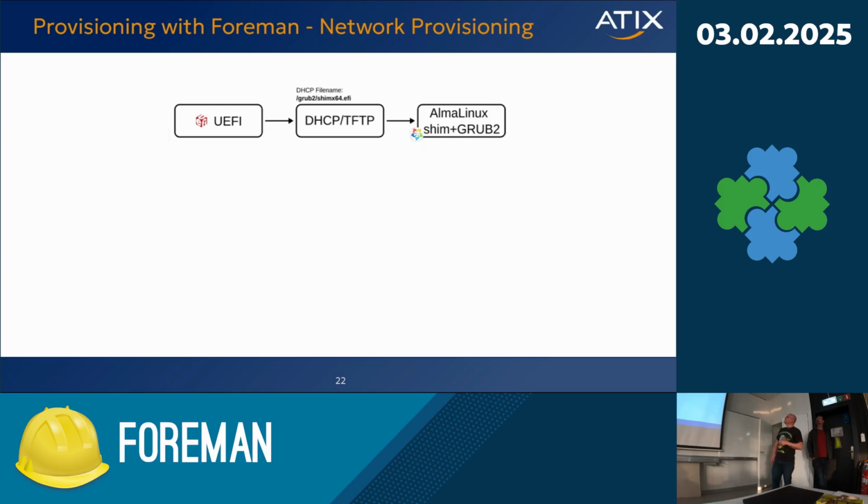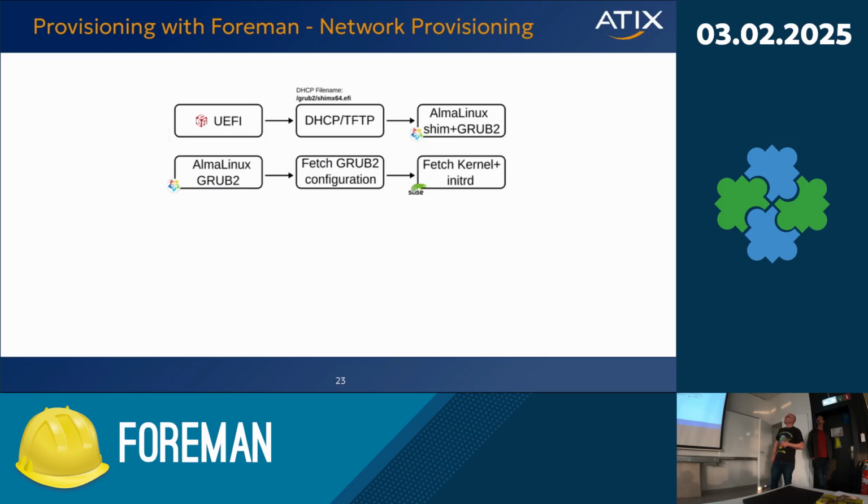Let's assume in this case it's an Alma Linux shim or grub binary. The firmware loads the shim or grub, and the grub then fetches the grub2 configuration also from the TFTP server, and fetches the kernel and the init.rd.